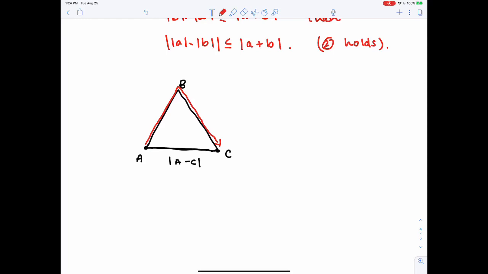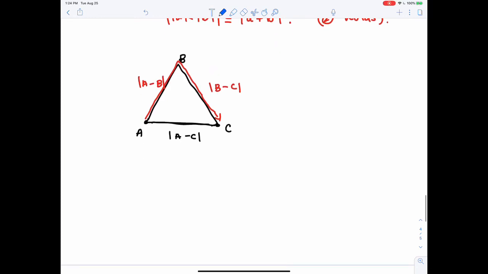And if I did that, I would have A minus B here in absolute value, and I would be adding to that the distance of walking from B to C. And so the triangle inequality, if I put this together, we're saying that the distance A minus C should be less than or equal to walking through the point B.